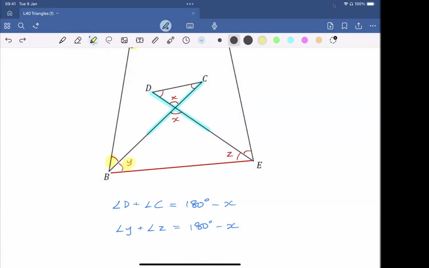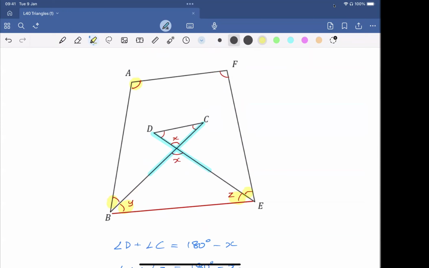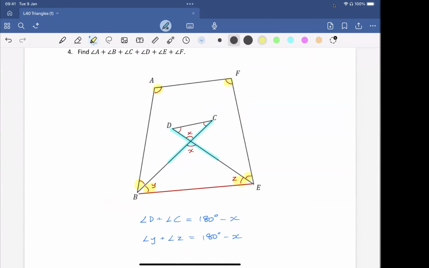Y and Z. Yes. So C and D becomes Y and Z, followed by E and F. So can you see the highlighted angles? What am I actually trying to find? The total angles in what shape?